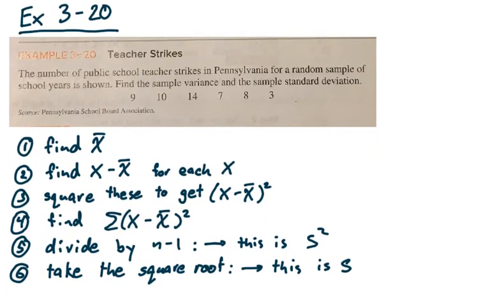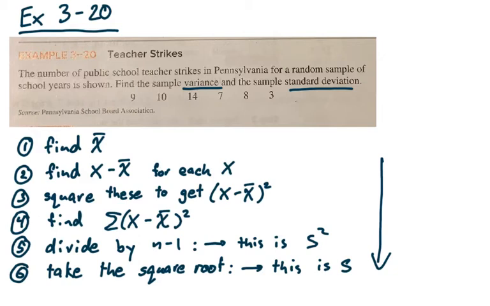Let's take a look at yet another example of computing standard deviation and variance. Here's the procedure. I'll just run through the step-by-step before we talk about the example. If it asks us for variance and/or standard deviation, we have to find x bar, the average value, first.